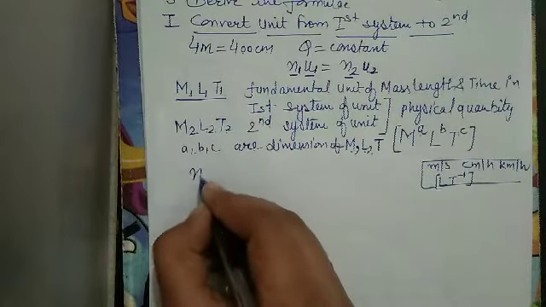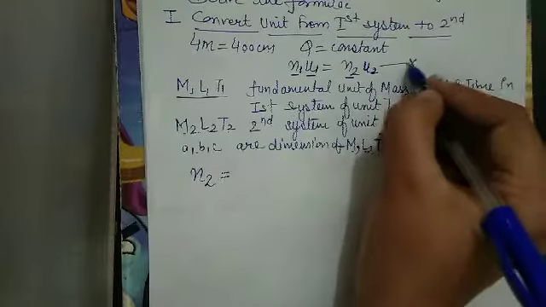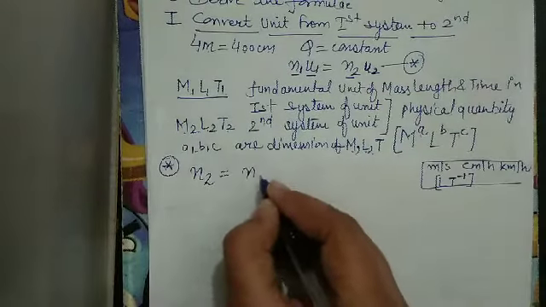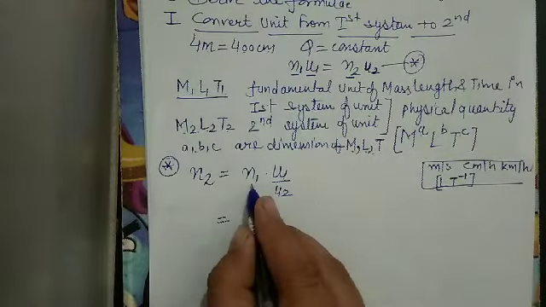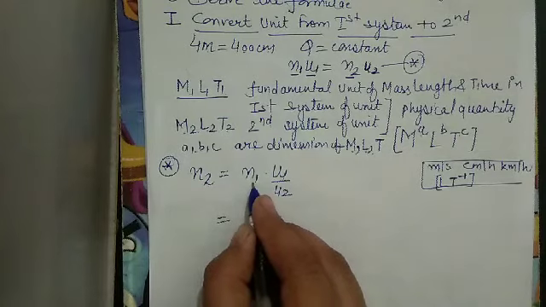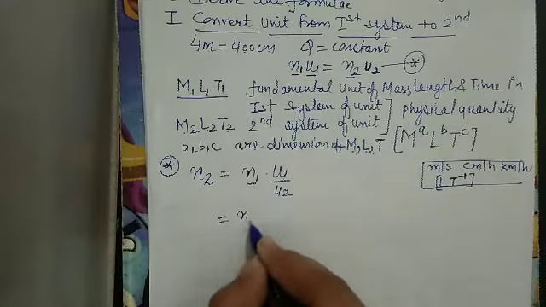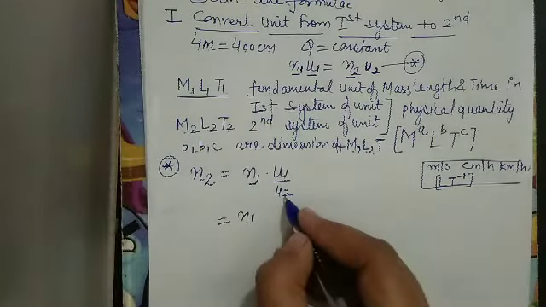Now we have to find the new number N2 from equation star. N2 equals N1 U1 upon U2. N1 is the first number in the first system of units that will be given to us in our numerical problem. U1 and U2 are the first unit and second unit.